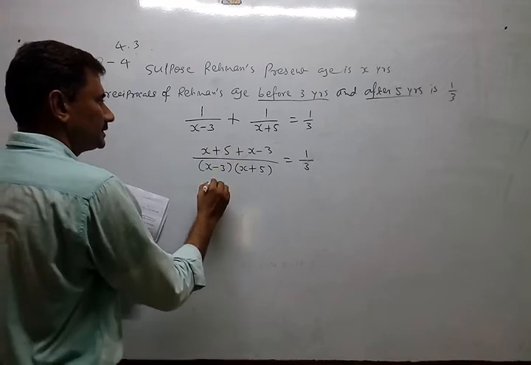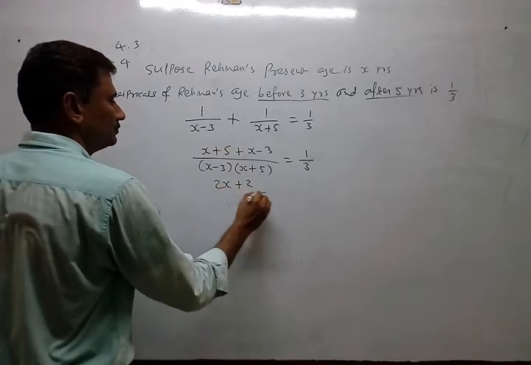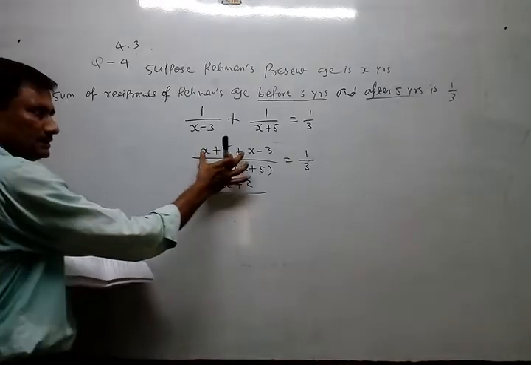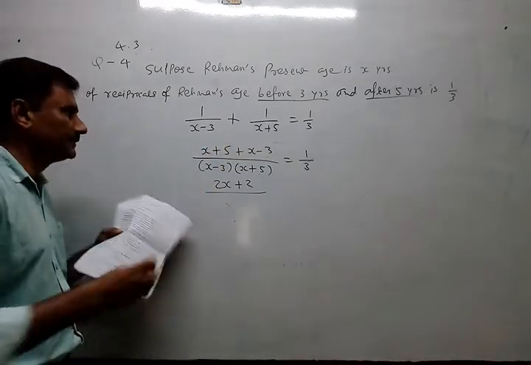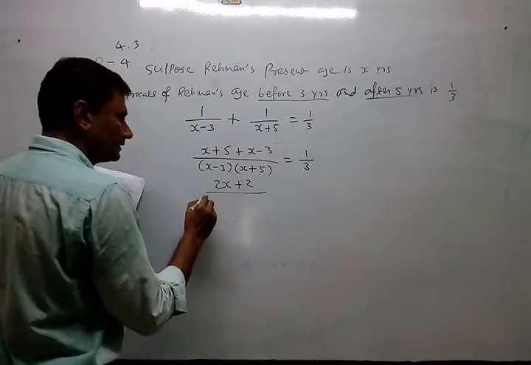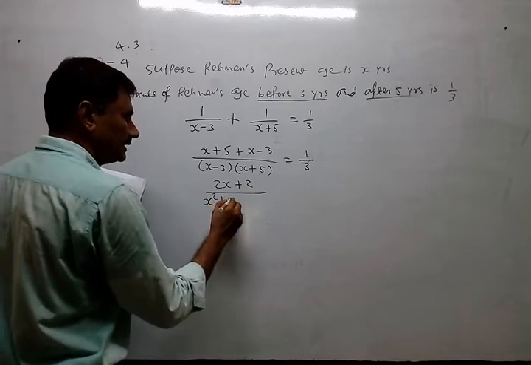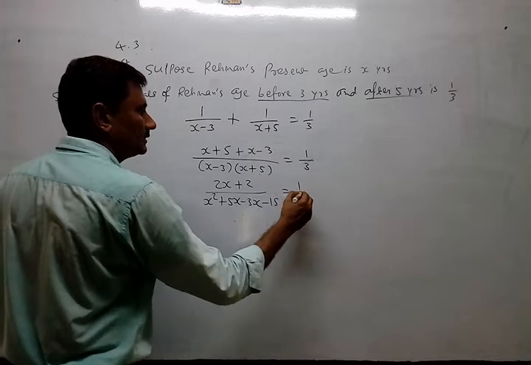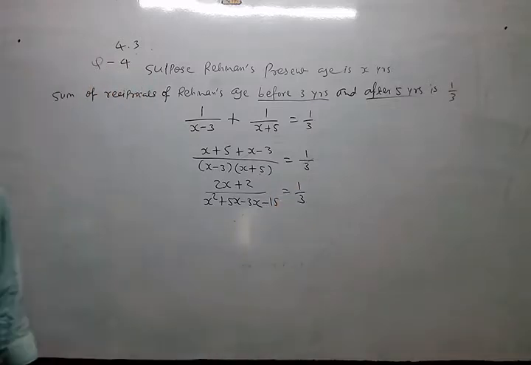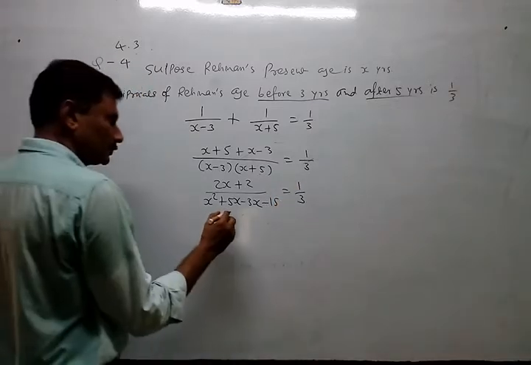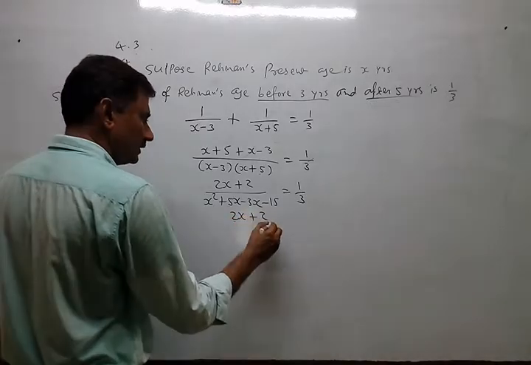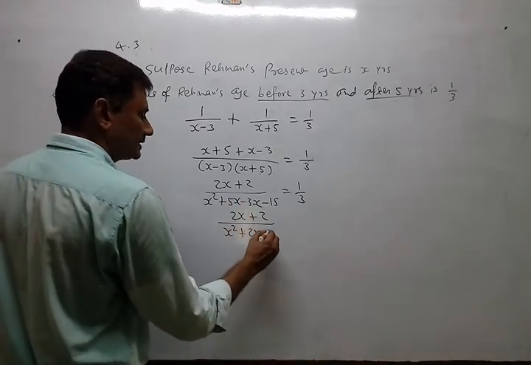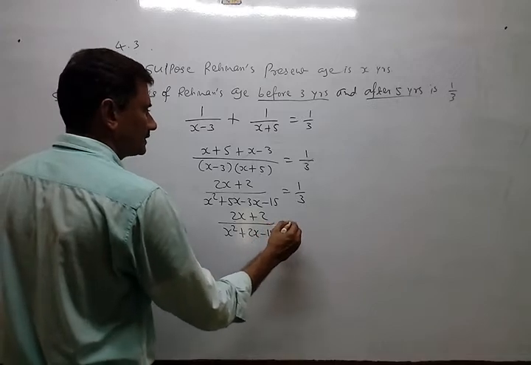So how much is it? 2x plus 2 upon x square plus 5x minus 3x minus 15 equal to 1 by 3. So it is 2x plus 2 upon x square plus 2x minus 15 equal to 1 by 3.